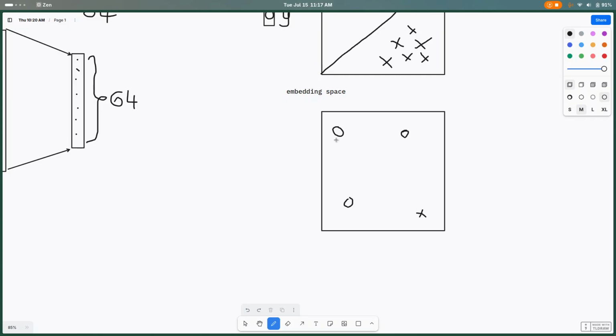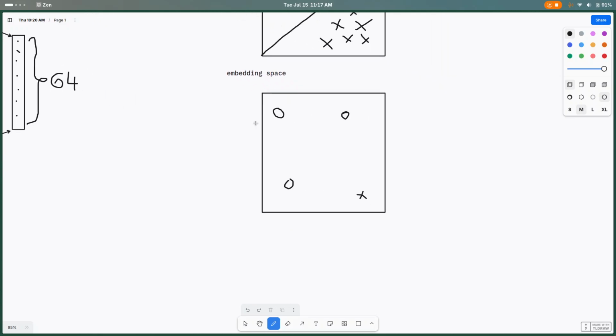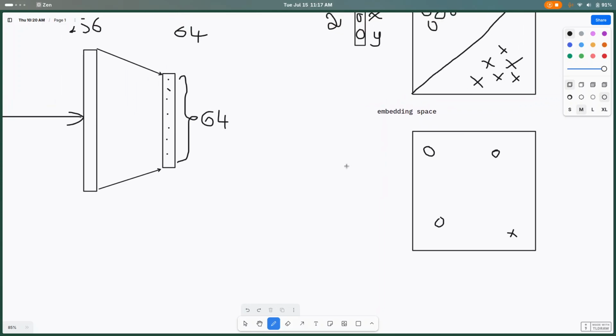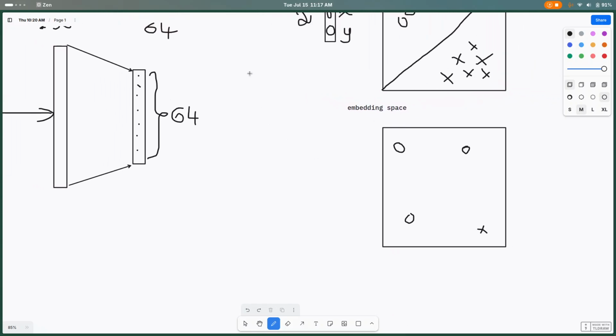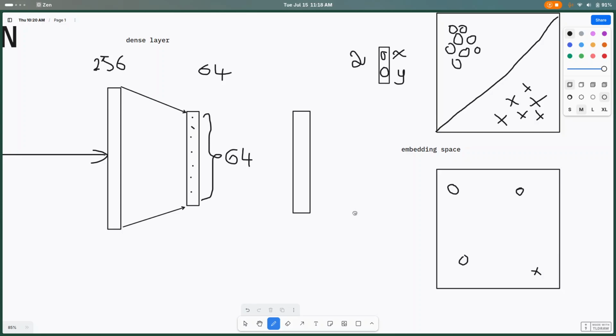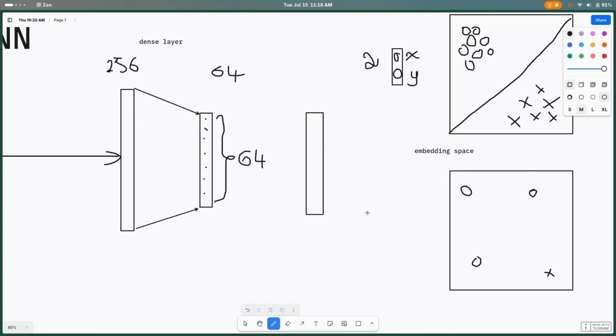We don't really know. So, in order to train this, what is the target? The loss function for this requires a target value, but we don't have a target. What does the target look like? I'm going to take a moment on this real quick. I might be going a bit too fast.